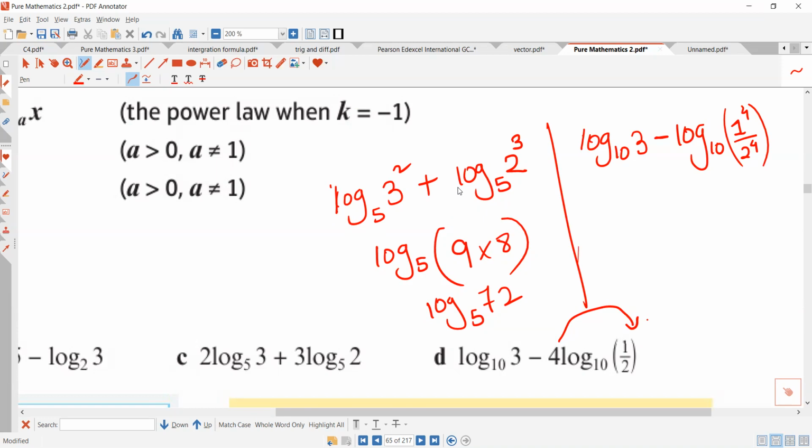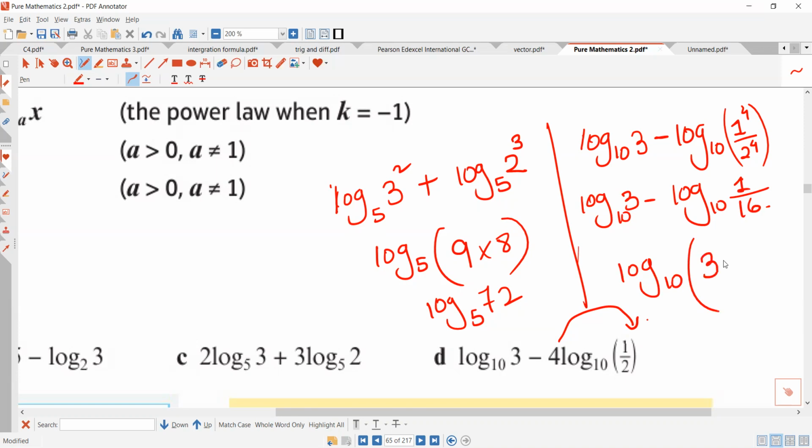You guys should say at least yes or no. What is 2 raised to 4? 2 to the 4, 4 to the 8, 8 to the 16. Are their bases the same? Yes, both bases are 10. Can I do log to the base 10 of 3 divided by 1/16? Understood?